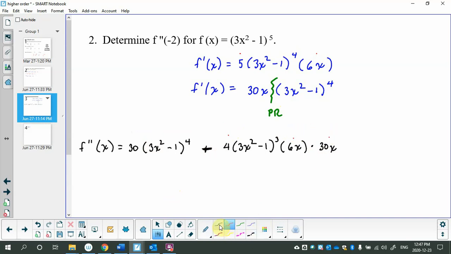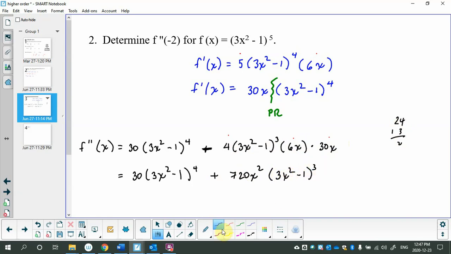There's actually quite a bit to do back here. So repeat. Plus, so this is 24 times 30. So 720 x squared, because of this, and then in a bracket behind 3x squared minus 1 to the exponent 3.